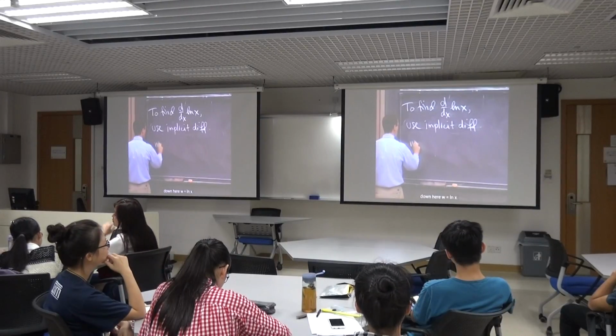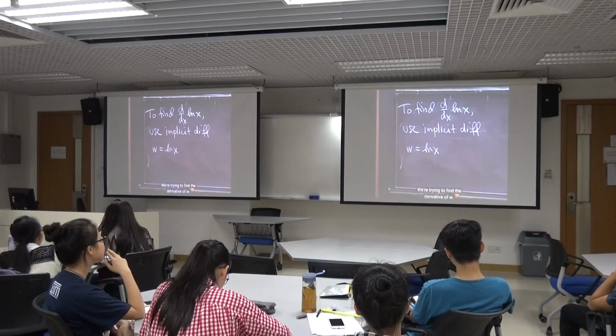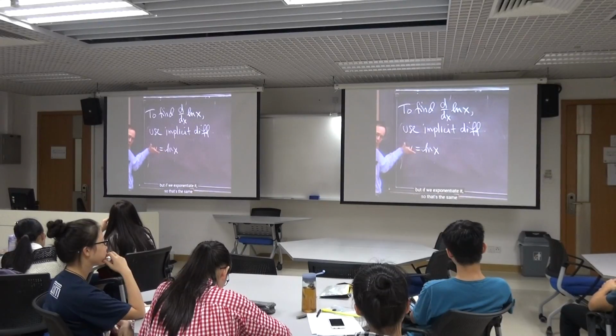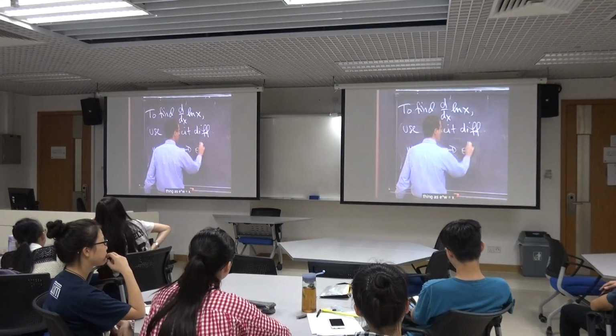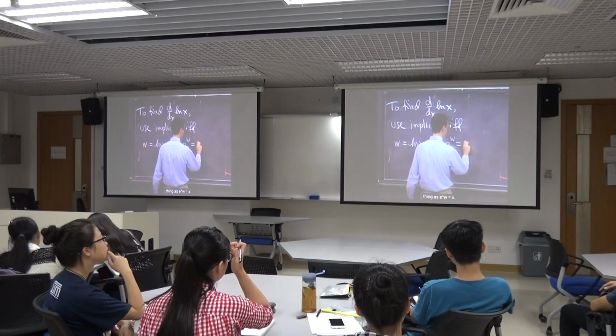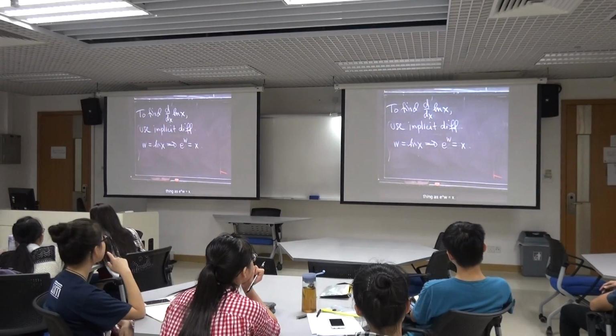You write down here w is equal to log x. All right, here's the function. We're trying to find the derivative of w. But now, we don't know how to differentiate this equation, but if we exponentiate it, that's the same thing as e to the w is equal to x, right?